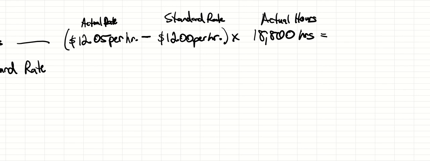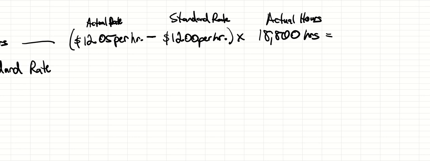Now we just have to do the math. So 12.05 minus 12, that's going to give us 0.05 multiplied by 18,800 hours. That's going to give us $940.